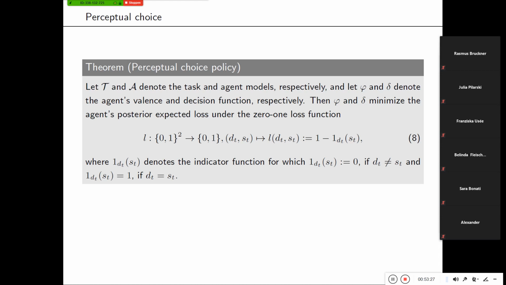It's fairly intuitive that this makes sense, of course. But what one can show, and this is what I include here, in this perceptual choice policy theory, is that deciding in such a manner minimizes the 0-1 loss function. It might actually also minimize other loss functions, but it definitely minimizes this one.